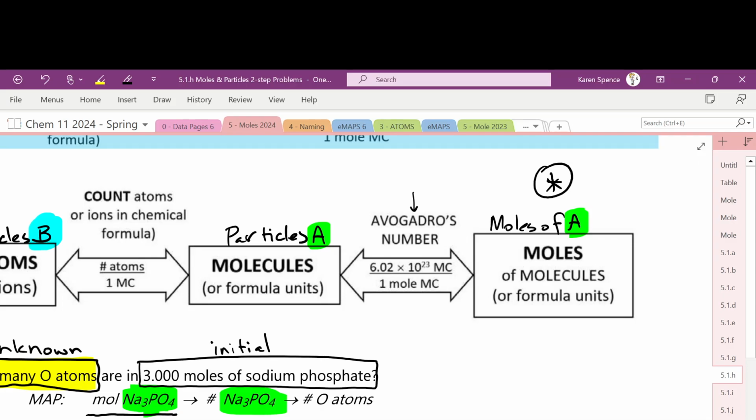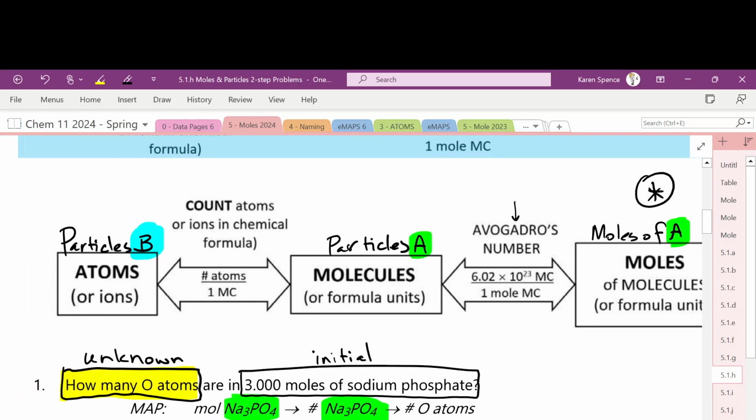And then from particles of type A, we go to particles of type B. How do we convert from one type of particle to another type of particle? What do we use? Particle ratio. And where do you find that?